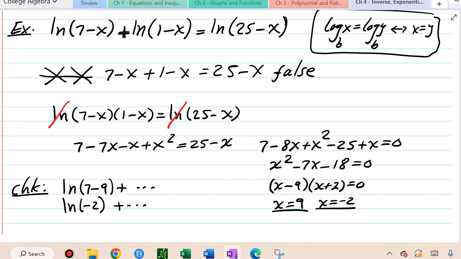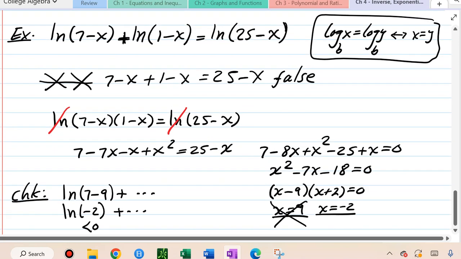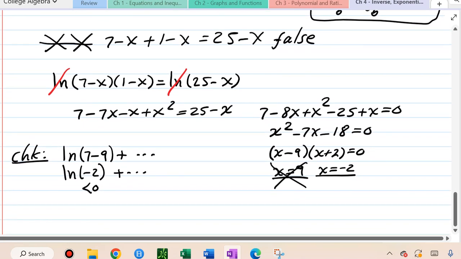And actually at this point, because the argument is less than 0, I can stop and discard that solution. That's not going to work because it's going to give me a negative number for the argument of the log, and that can't be. We cannot evaluate those. Let's try negative 2.